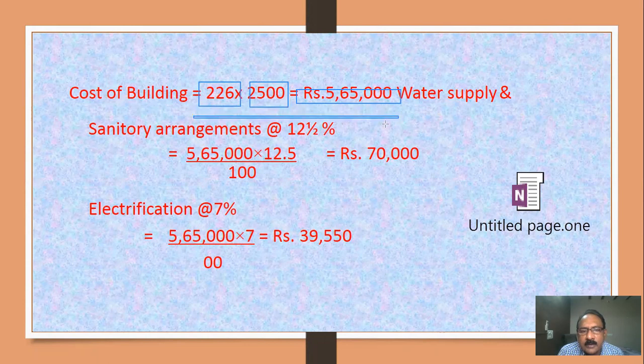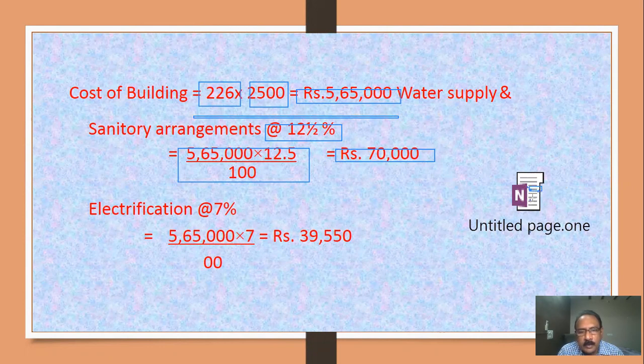Then water supply and sanitary arrangements. This is 12.5%. To calculate it, 5,65,000 multiplied by 12.5 by 100. Now for cost of water supply and sanitary arrangements, you get 70,000.